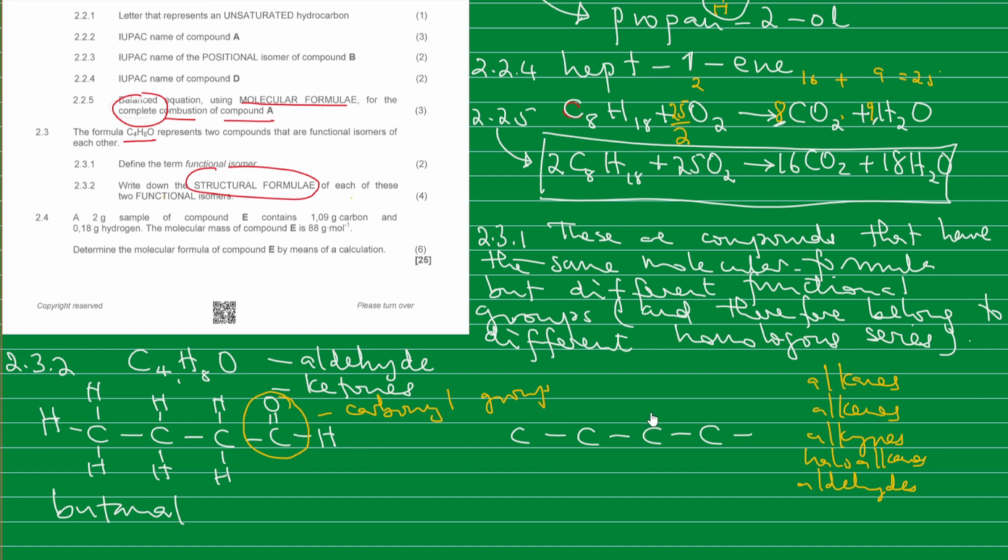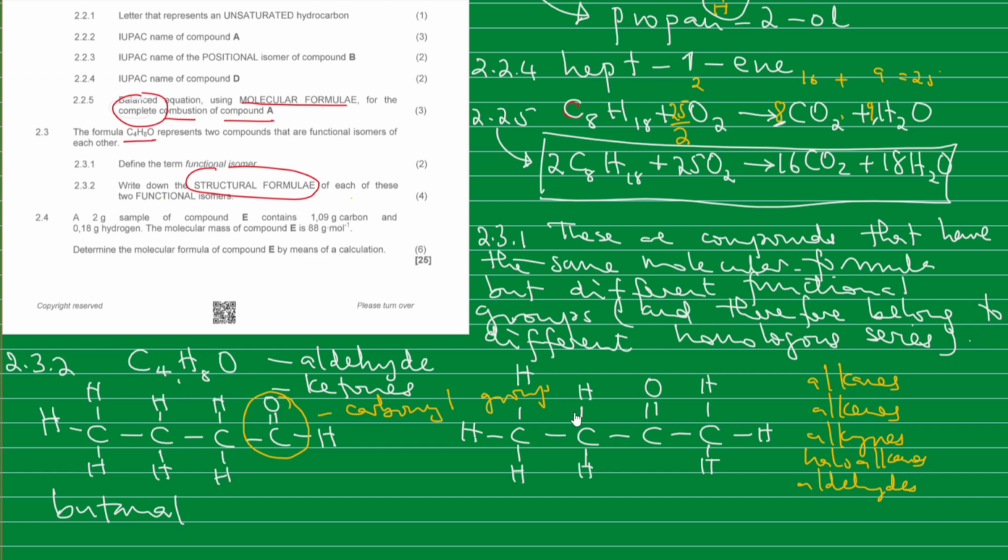So I will put my carbonyl here. I hope you are following me. And then the rest will be H, H, H, an H there, an H over here, and an H there. Now you will see that the formula is still the same: 4 C's, the H's, and 1 oxygen.